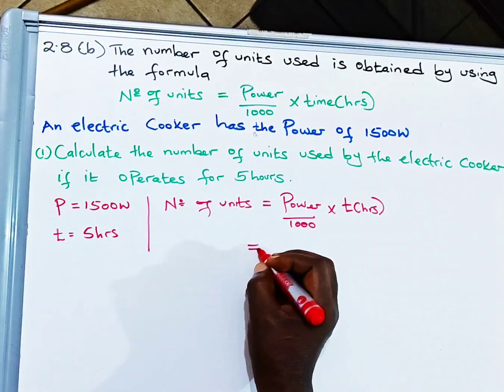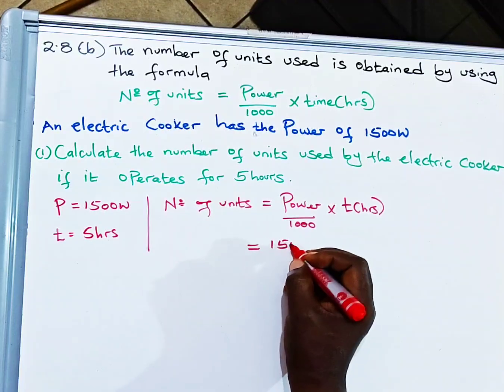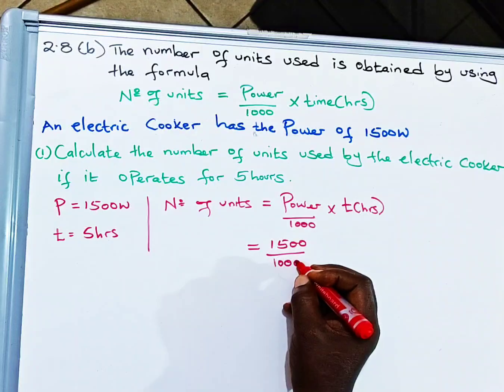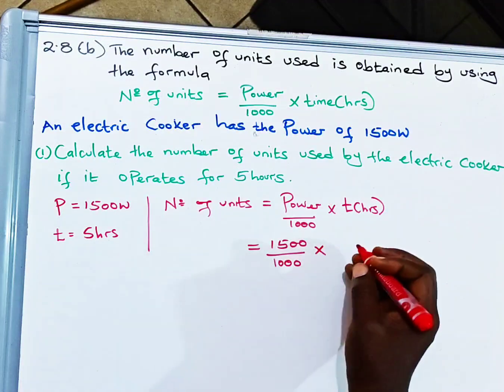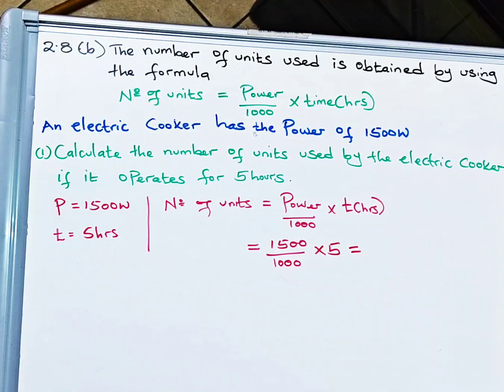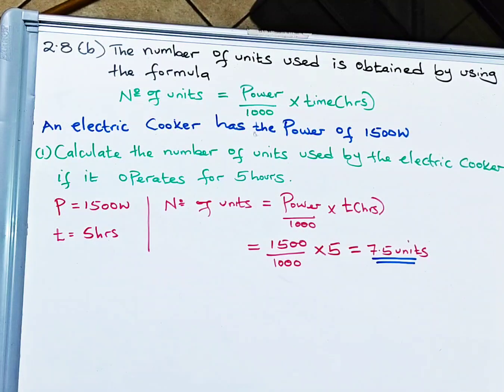Okay, we are looking for number of units. So we know the power, which is 1500, and we divide by 1000 times time, which is 5. So what we get out of here is going to be the number of units consumed by this electric cooker in that period of time. Yeah, that is it. The answer is 7.5 units.